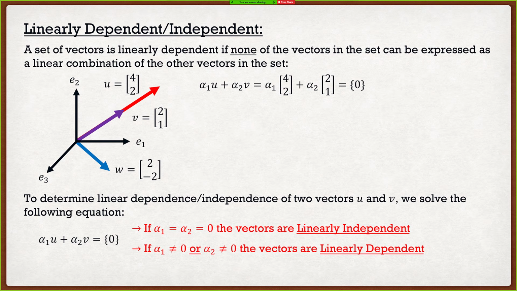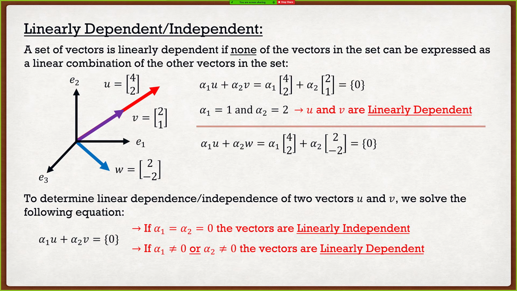So let's look at our actual examples. Let's take our vectors u and v, which we said are linearly dependent. Well, if I go alpha 1 multiplied by the vector 4, 2, plus alpha 2 multiplied by the vector 2, 1 is equal to 0, I actually have multiple solutions. Now, these solutions aren't correct, but basically we get alpha 1 and alpha 2 not equal to 0, and this means that they're linearly dependent.